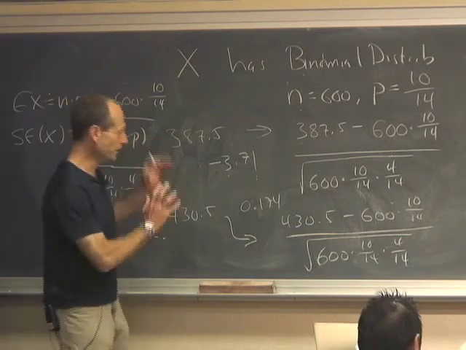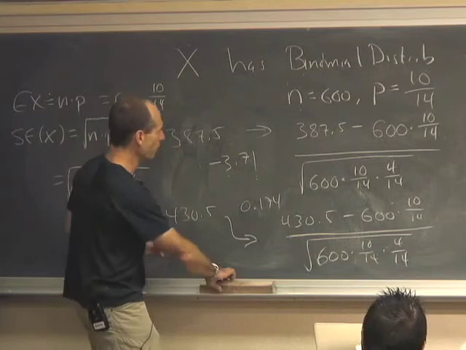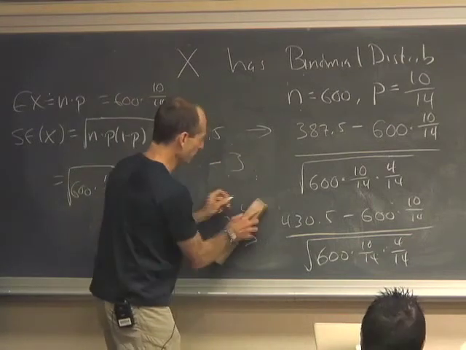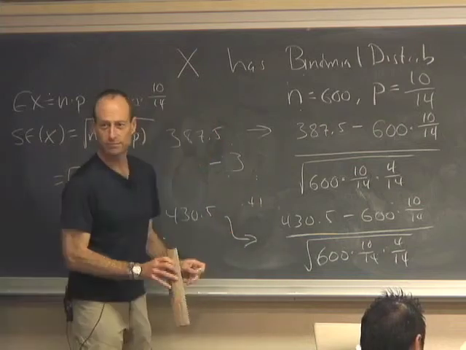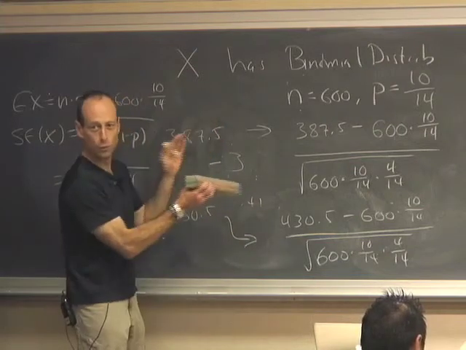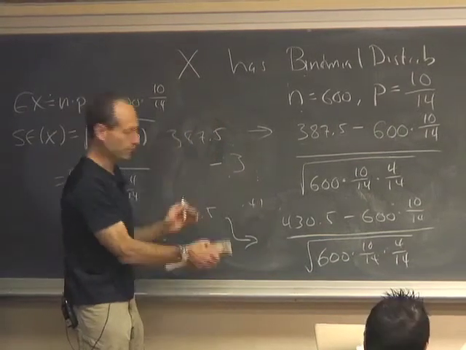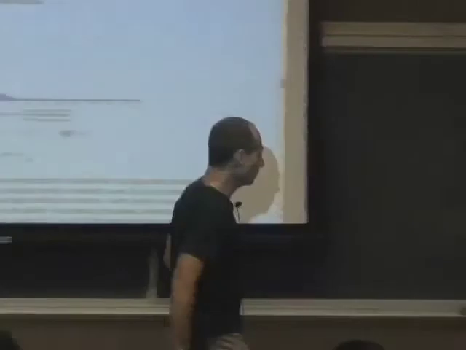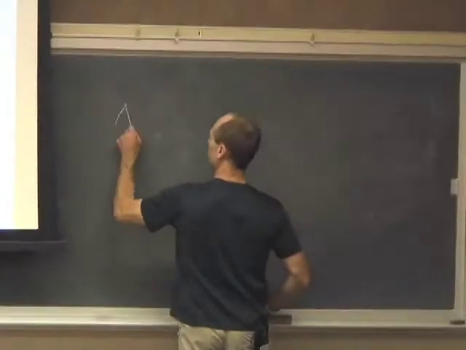Let's pretend that the range I asked for ended up giving you, let's say, minus 3 to plus 1. Then let's just do what you would need to do, by knowing the other two numbers, to see how that would work. Okay, so what is the area under the normal curve?